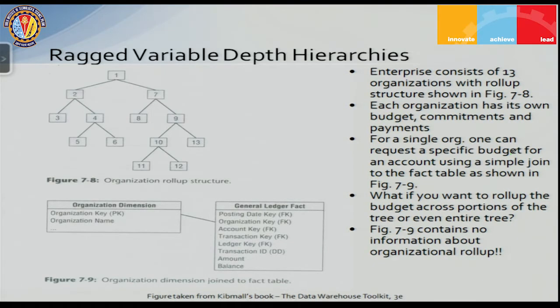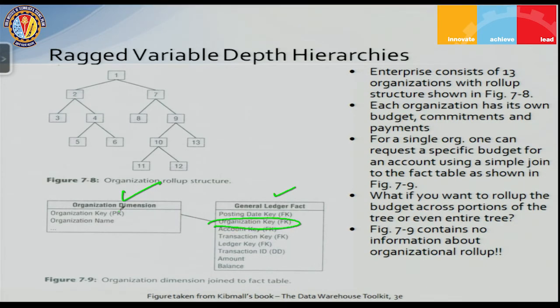So you can see here there's an organization key, right? There's an organization dimension and there's a ledger fact, and I can do a join to this organization dimension to know the specific budget for an account using a simple join, right? So what if we want to roll up the budget across portions of the tree or even the entire tree, right?